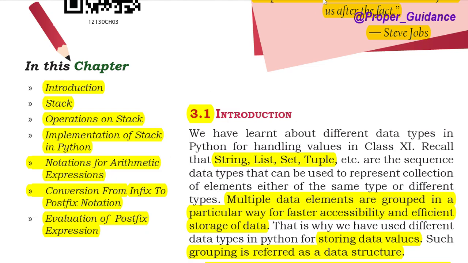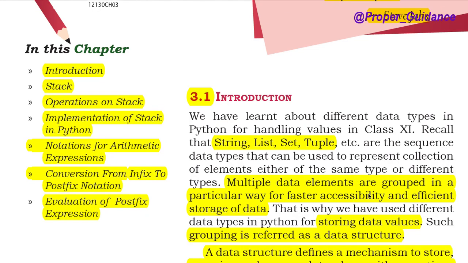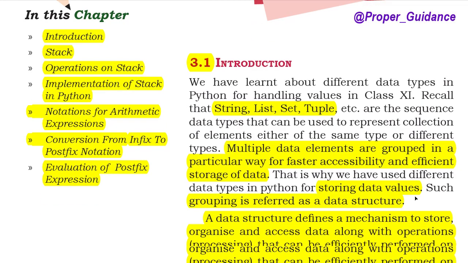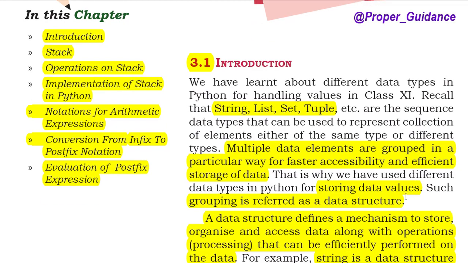In the introduction, we will recall the previous data types which we have already completed in our previous classes, that is string, list, set and tuple, etc. These are the data types that can be used to represent a collection of elements either of the same type or different types, right?